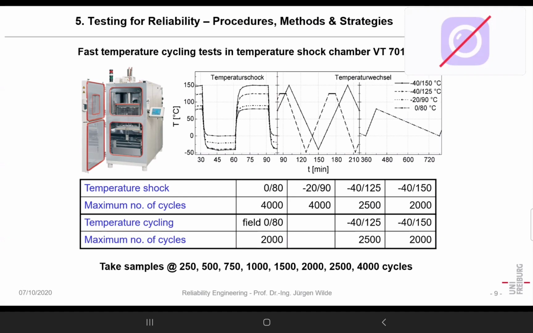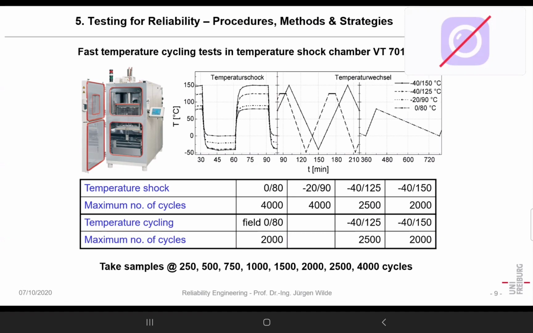Normally the complete car is heated up, maybe it takes a quarter of an hour or so. And then when you shut it down, you have a high thermal mass. Your engine alone has a weight of 150 or 200 kilos. So cooling it down takes time. And that would be such a cycle you can go for.